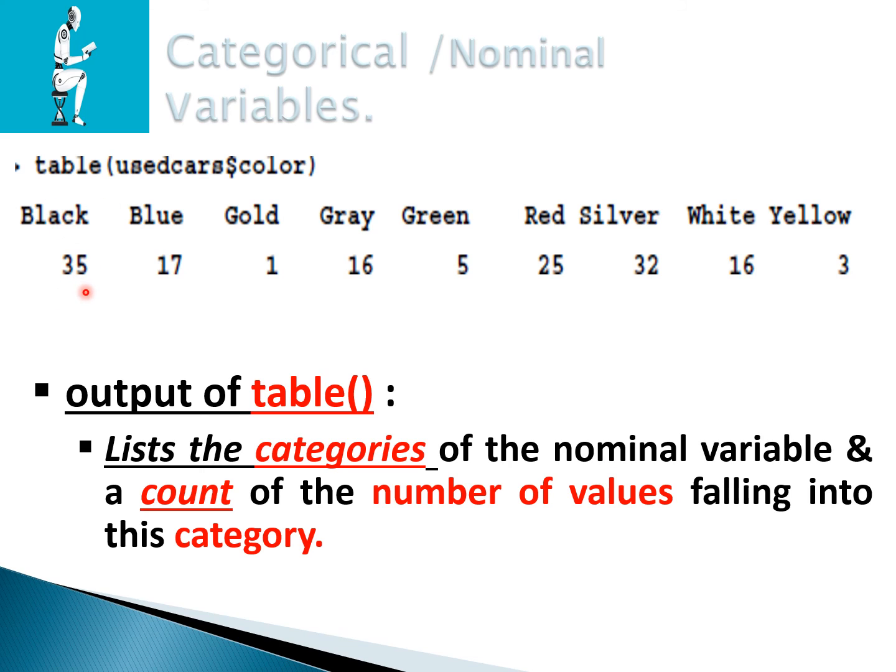Black occurs 35 times, blue occurs 17 times, and so on. So the output of the table function lists the categories of the nominal variable and the count of values falling into each category. The table function returns the data values plus the frequency of occurrence of each data value.